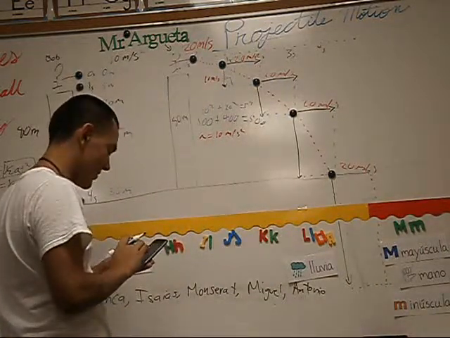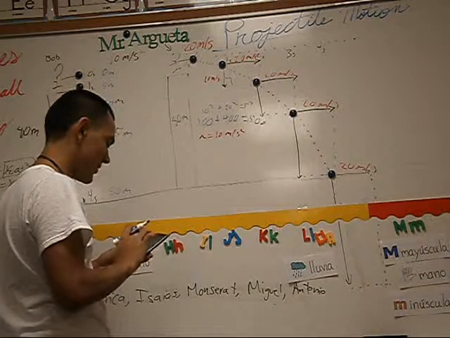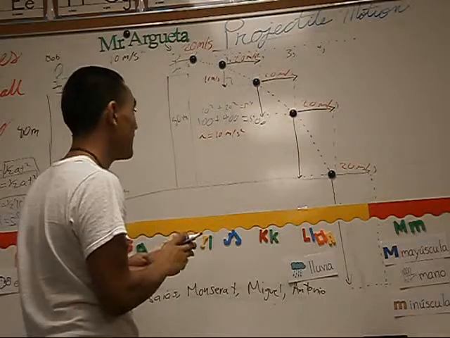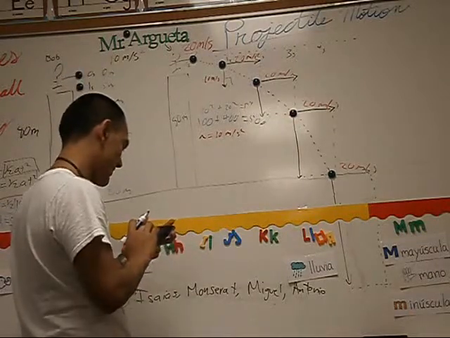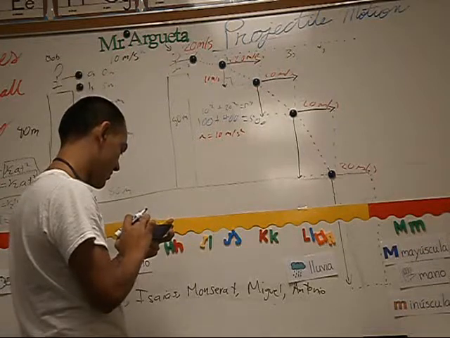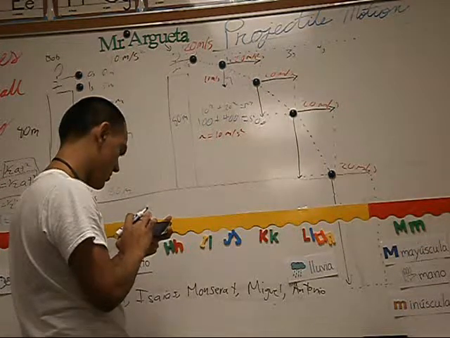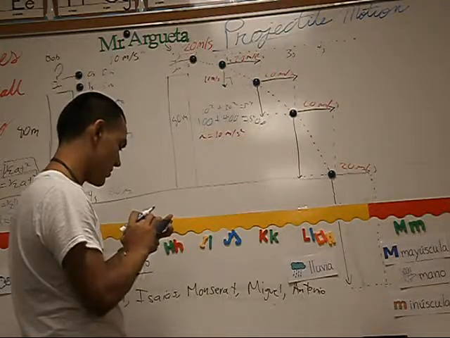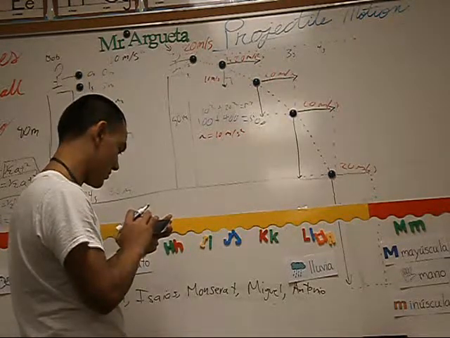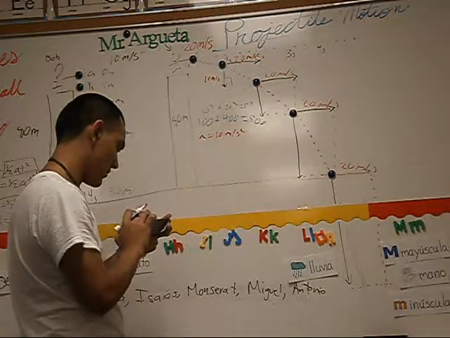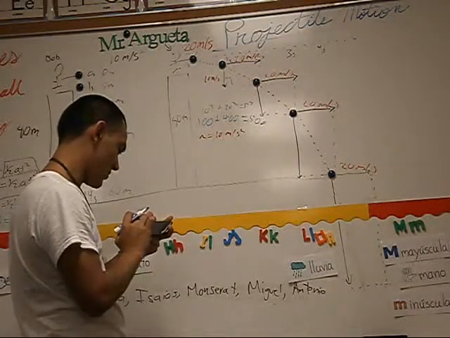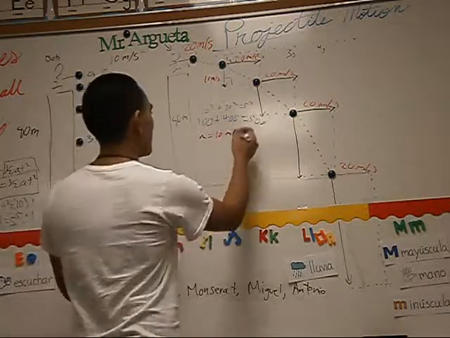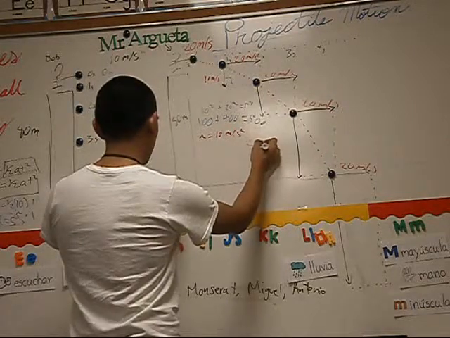So I'm going to use the calculator to find the square root of 500. The square root is 22.360.